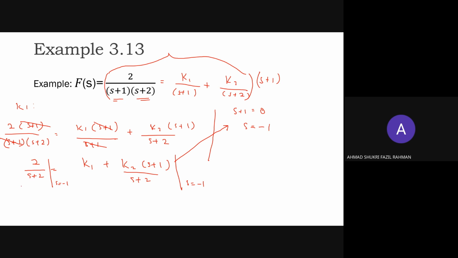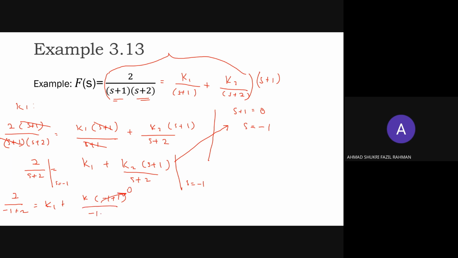So any S value should be equal to -1, so this one becomes 0. You can see from here, if we consider 2 minus 1 plus 2 equal to K1, and then this one K2 minus 1 plus 1, this one becomes 0.